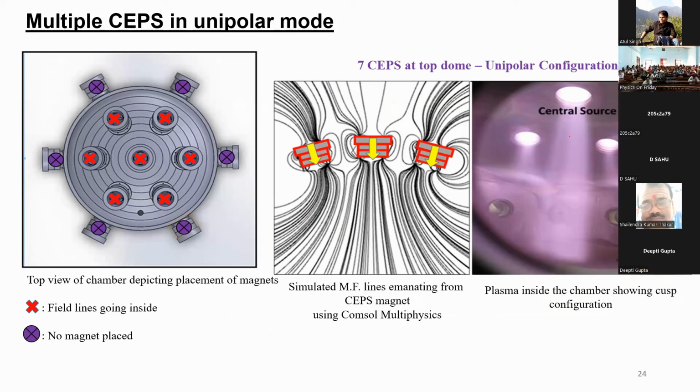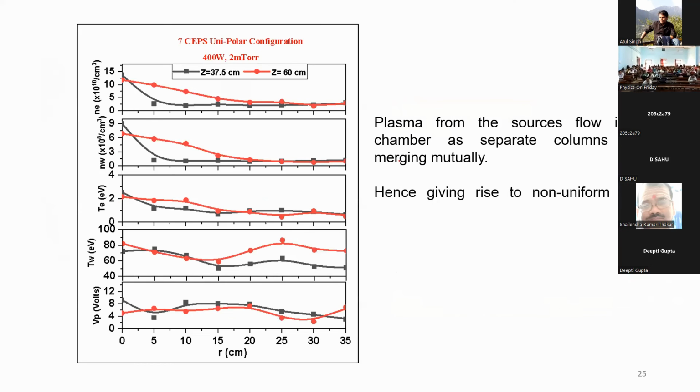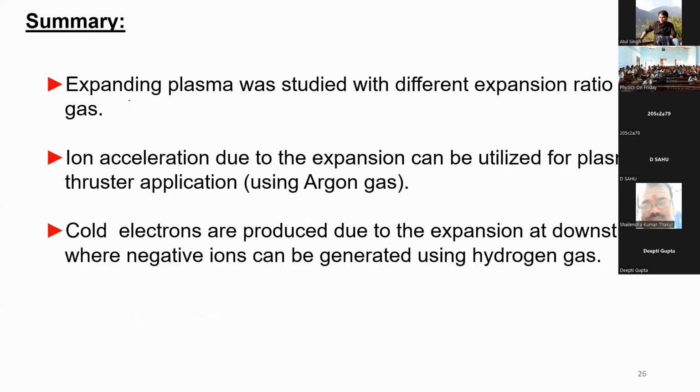So with high power injected, the plasma density becomes higher. We had some issue with maintaining radial uniformity compared to a single source, that is open to research actually, but we are working on it. Okay, so I will conclude here.